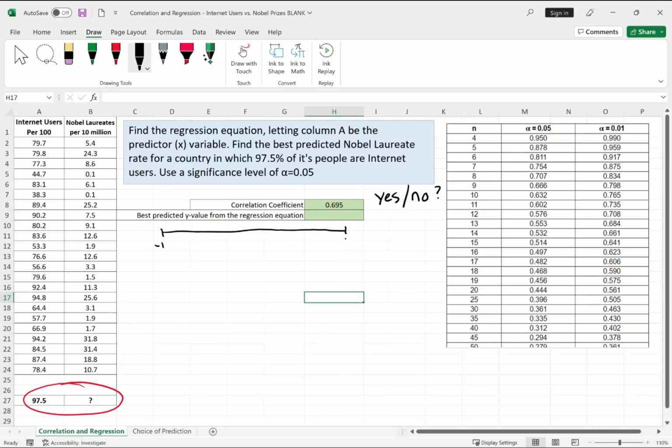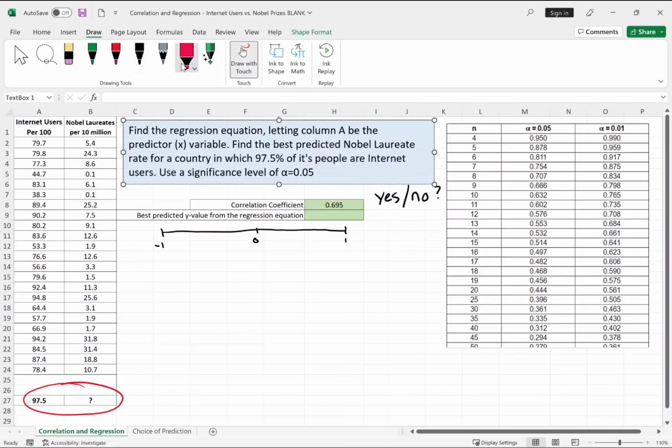So if I draw a little number line here, we'll put 0 in the middle. What are our critical values? Well, we need two things. We need the level of significance, and that's got to be given in the problem. So use a significance level of alpha equals 0.05.